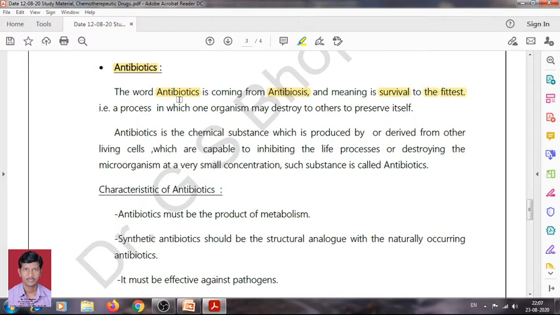Survival of the fittest means a process in which one organism may be destroyed by another to preserve itself. Therefore, it is called antibiosis.